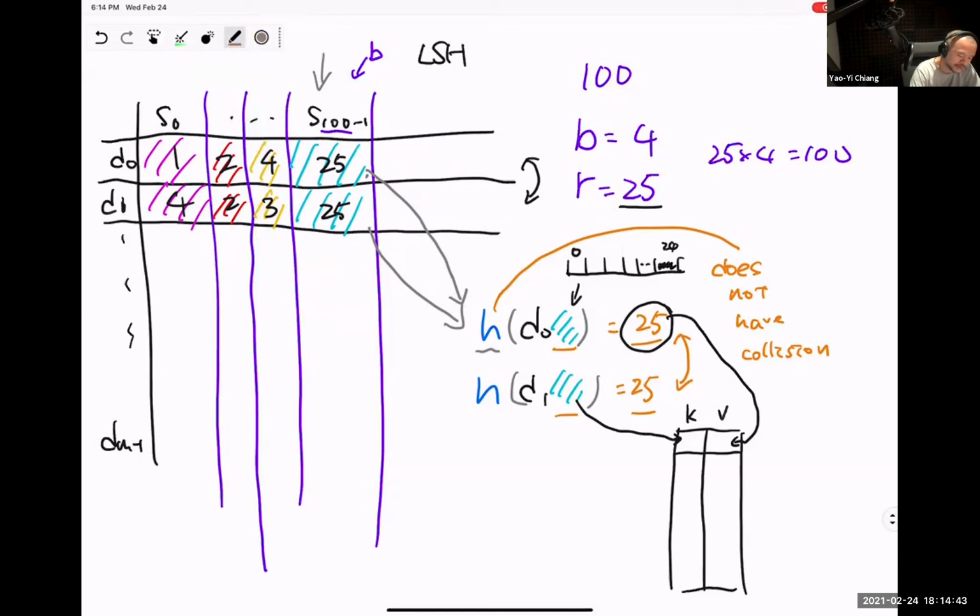Okay, assuming we use the same hash function for every band, what do all these numbers tell you about the bands? Anybody? Well, first one we know is these two bands, they will have exactly the same strings, right?